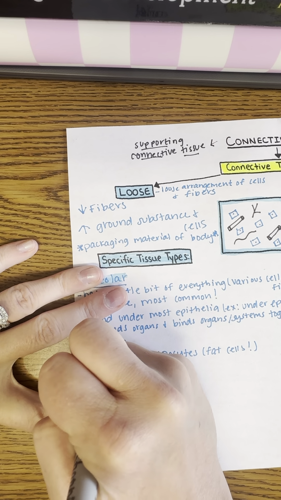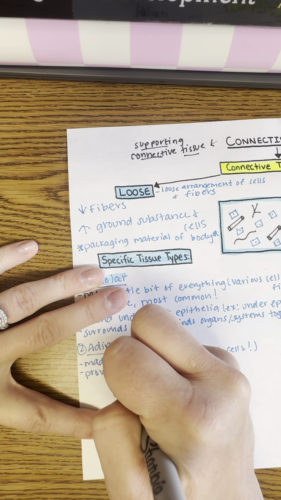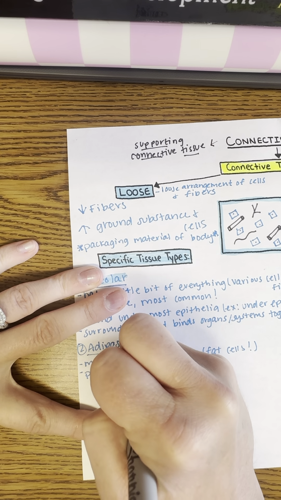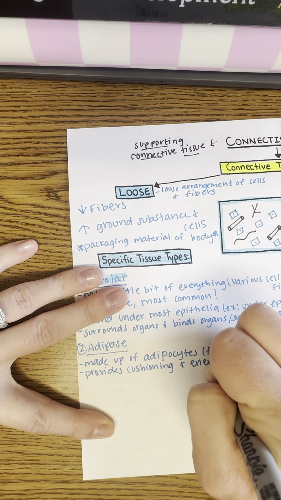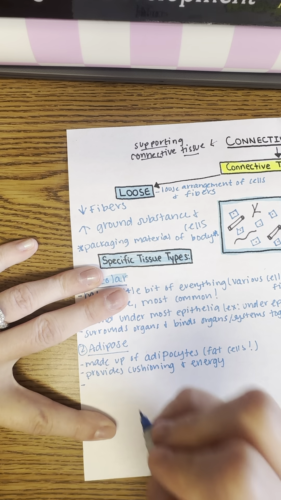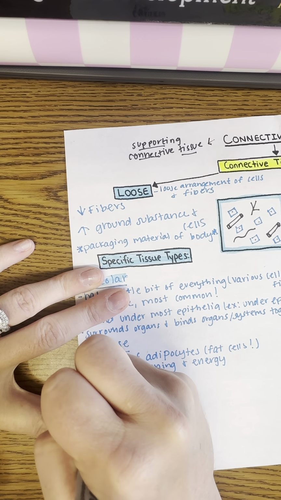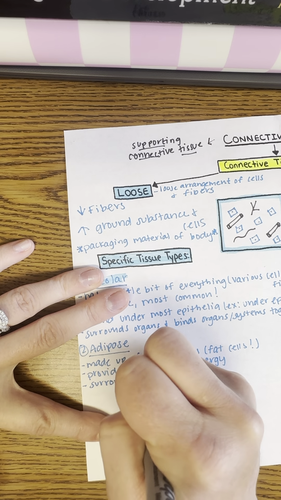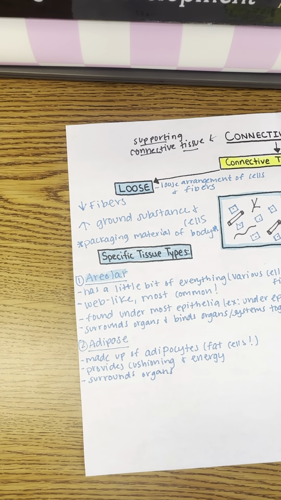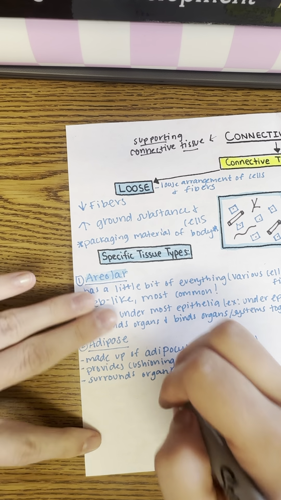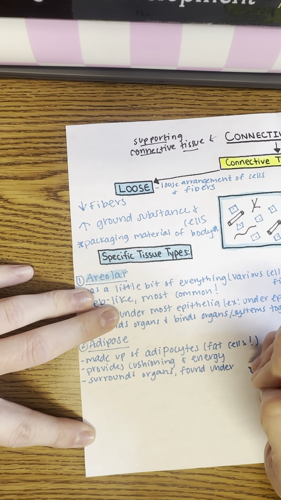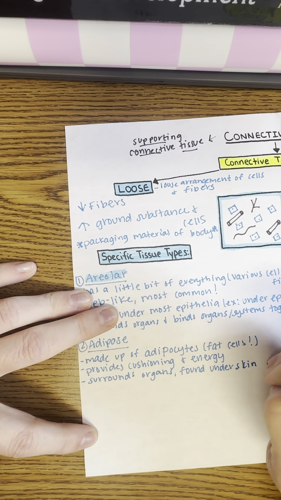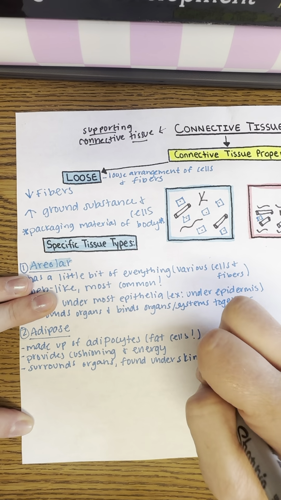So it provides cushioning and energy. Where are we going to find adipose tissue? It surrounds our organs. So it gives it a nice little protective layer, but also helps insulate it, keep it nice and warm. And it's found under our skin as well. And that layer specifically is called the hypodermis.